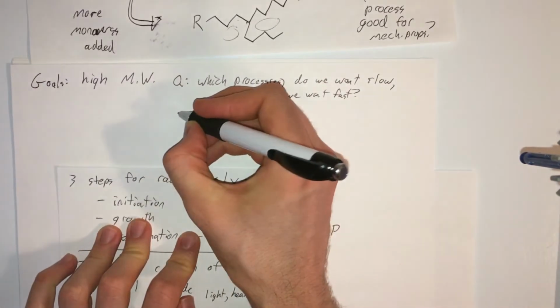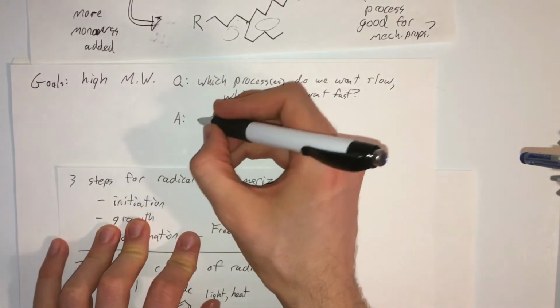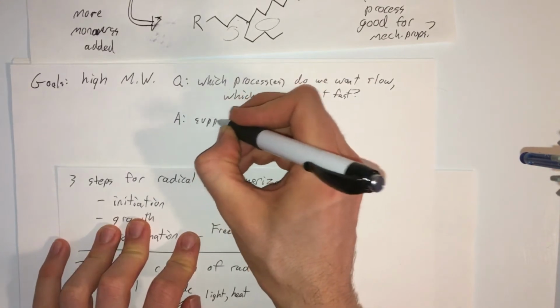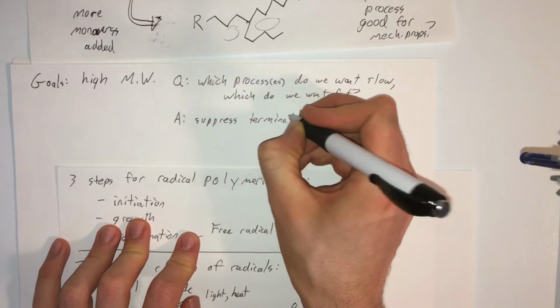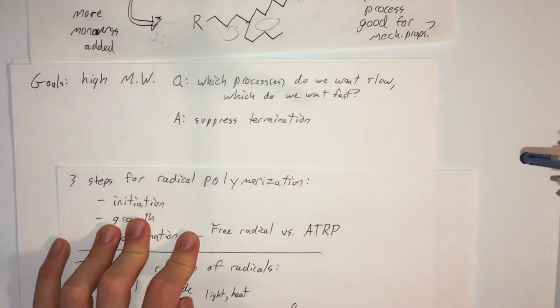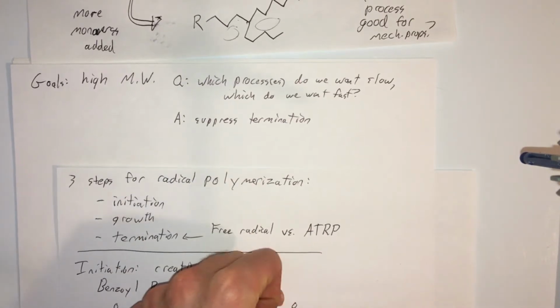All right, so the answer is we probably want to suppress termination, or in particular suppress the rate of termination to be as slow as possible.